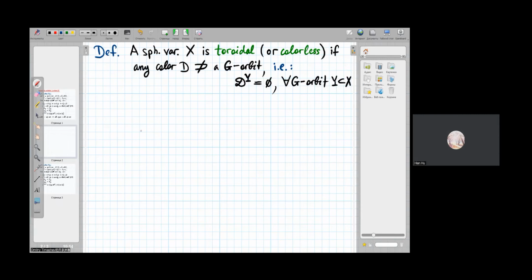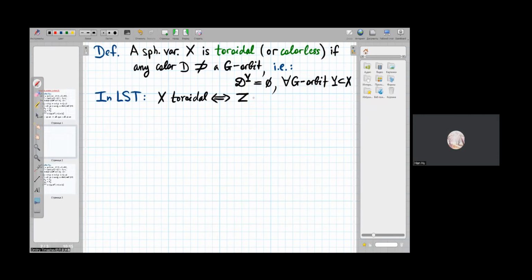And in the notation of the local structure theorem, we have the following. The variety X is toroidal if and only if the slice Z in the local structure theorem is toroidal.